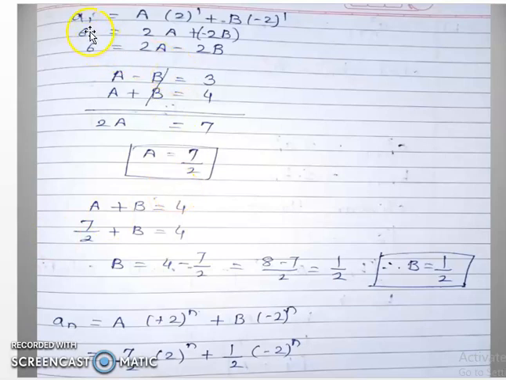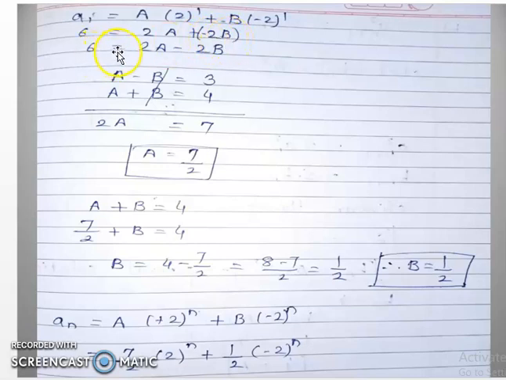Similarly, if we put the value of n is equal to 1, then we get the equation a1 is equal to a into 2 raised to power 1 plus b into minus 2 raised to power 1. Then a1 is given as 6, therefore we put a1 value as 6. 6 is equal to a into 2 raised to power 1, that is 2a, plus b into minus 2 raised to power 1, that is minus 2 multiplied by b.